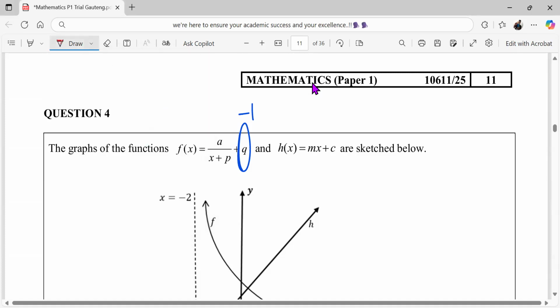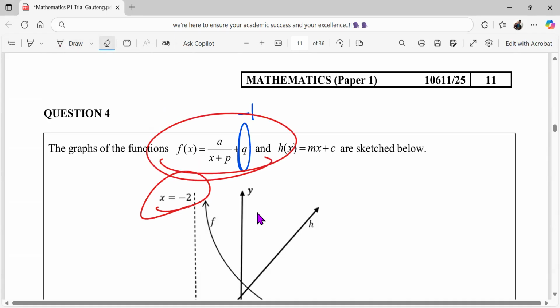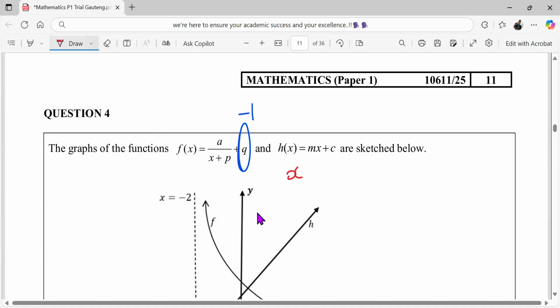But with regards to this P, we need to do something a little bit different. The x value here is -2, but when we write it into this equation, we can't say x minus 2. No. We have to say x plus 2.